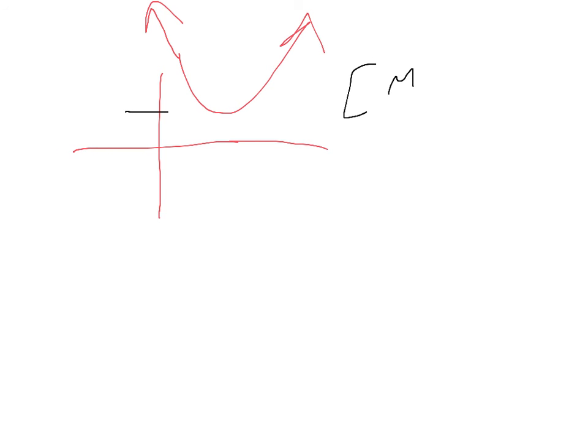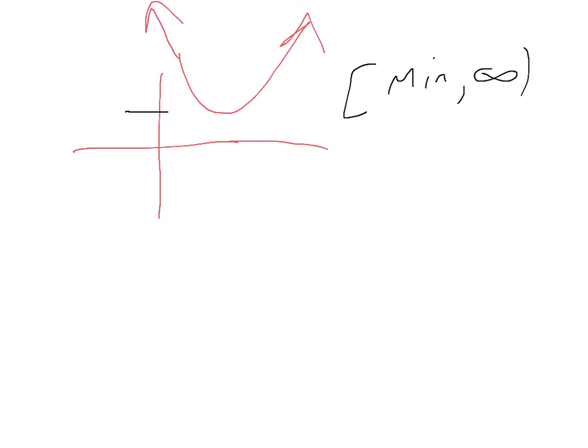If I have a graph like this, this is a quadratic equation. It will, in fact, have a minimum because it's facing upward. But you'll notice it doesn't touch the x-axis. So the minimum value is going to be a boundary of my range for the quadratic equation. So this would range from my minimum to infinity. Does that make sense?